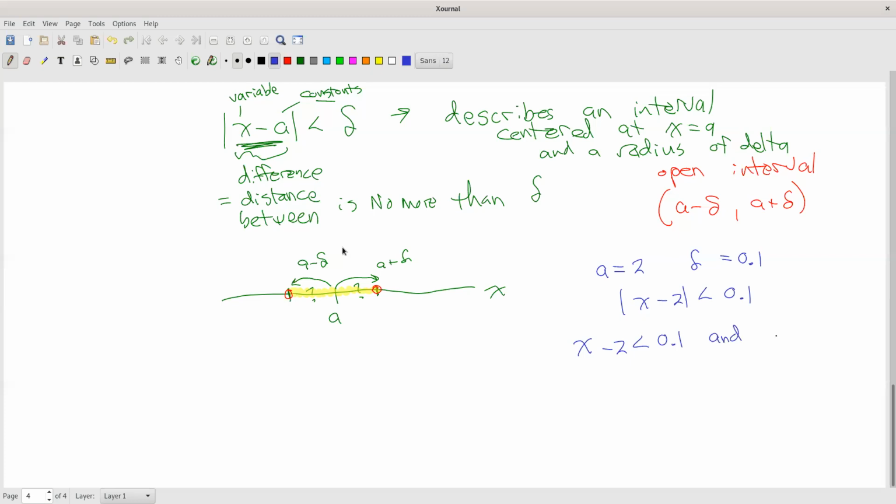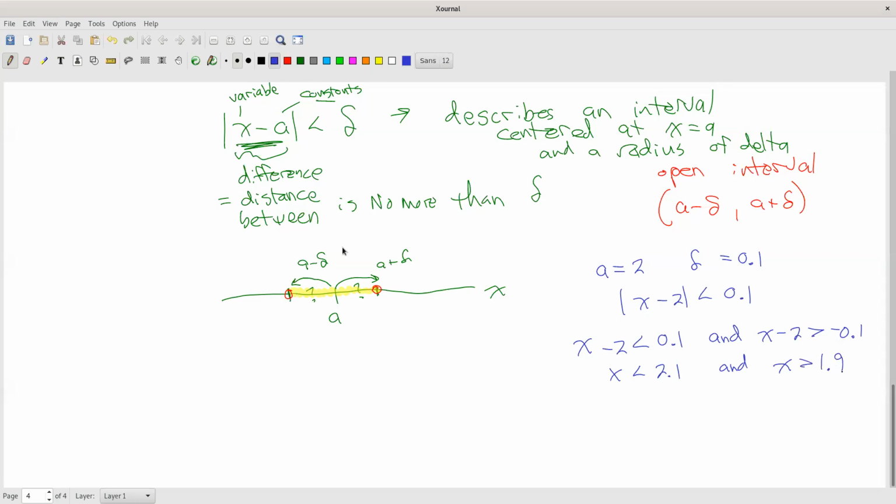And the other option is that x minus 2 would have to be greater than negative 0.1. Breaking that down some more, add 2 to the other side, I get x has to be less than 2.1. And at the same time, if I add 2 to the other side, 2 minus 0.1, x would have to be greater than 1.9.